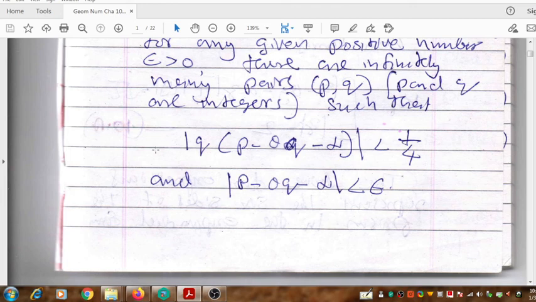Here epsilon is a given positive quantity that is very close to the number 0. So the two inequalities are satisfied: modulus of q into p minus theta q minus alpha is less than 1 by 4, and modulus of p minus theta q minus alpha is less than epsilon.